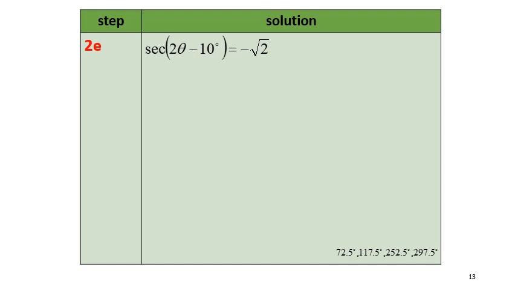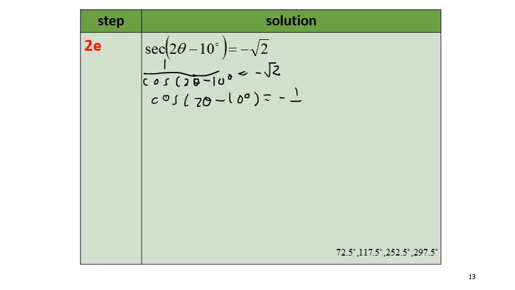2 theta, and this time we have another value added, which is minus 10 degrees. Okay, so the earlier steps are the same. We change into 1 over cos of 2 theta minus 10 degrees equals negative sec 2. So we know cos of 2 theta minus 10 degrees equals negative 1 over sec 2, and then we go through the same process.